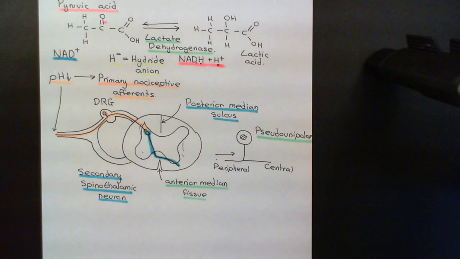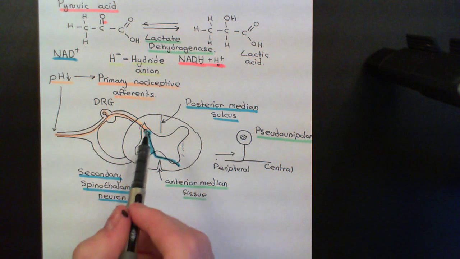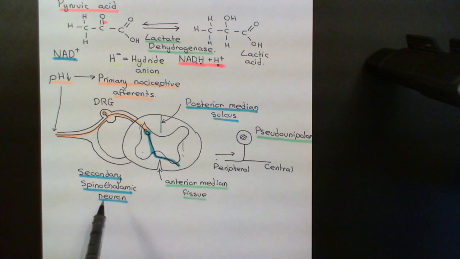Now the reason then that you get referred pain in the case of angina to the left shoulder is because primary nociceptive afferents from the heart are going to synapse onto secondary spinothalamic neurons that are also used by primary nociceptive afferents from the left shoulder.